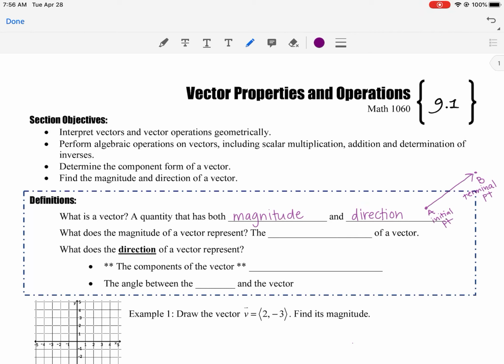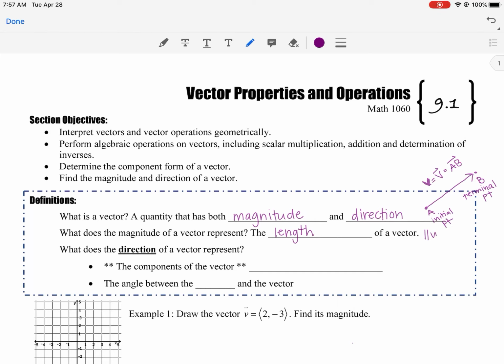Sometimes they'll just bold it, a bold V. If you're handwriting it, you can do a little V with a little arrow on top to represent vector V, or we can put AB to represent that same vector. So what does the magnitude of a vector represent? It represents the length of the vector.